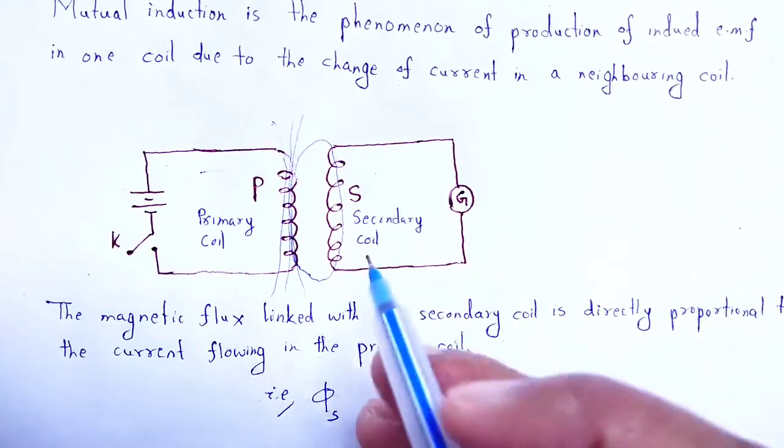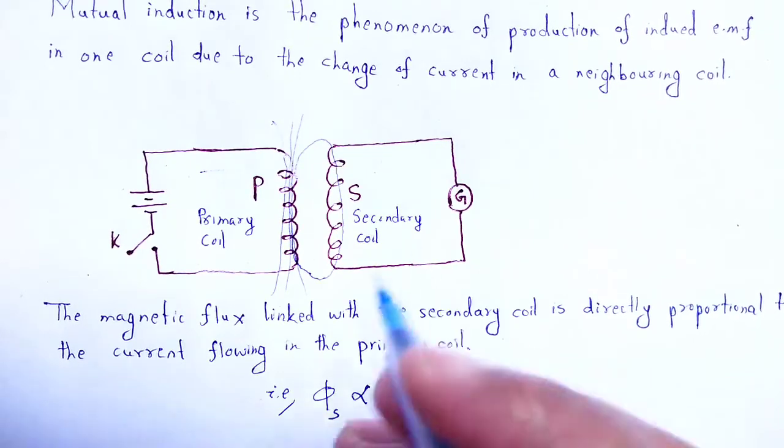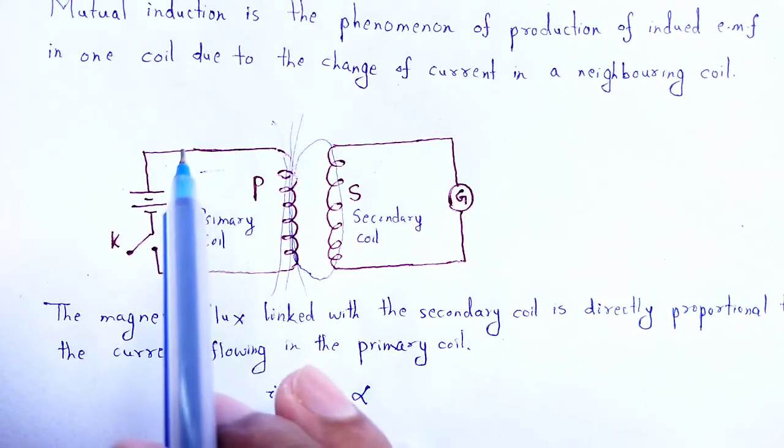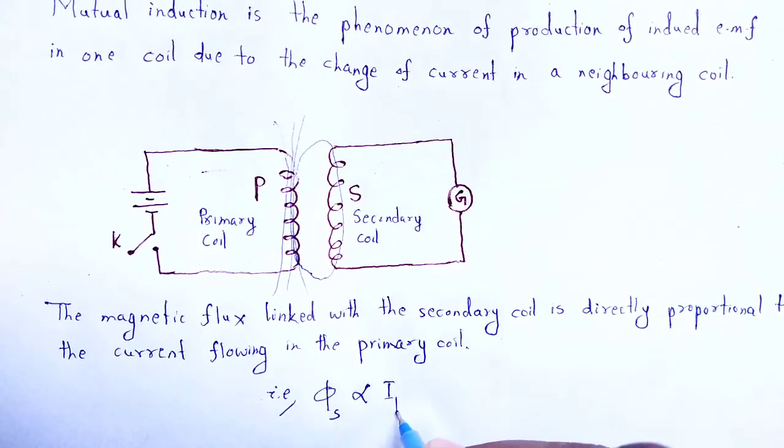That is, phi s, the total magnetic flux linked with the secondary coil, is directly proportional to the current flowing through the primary coil, I p.